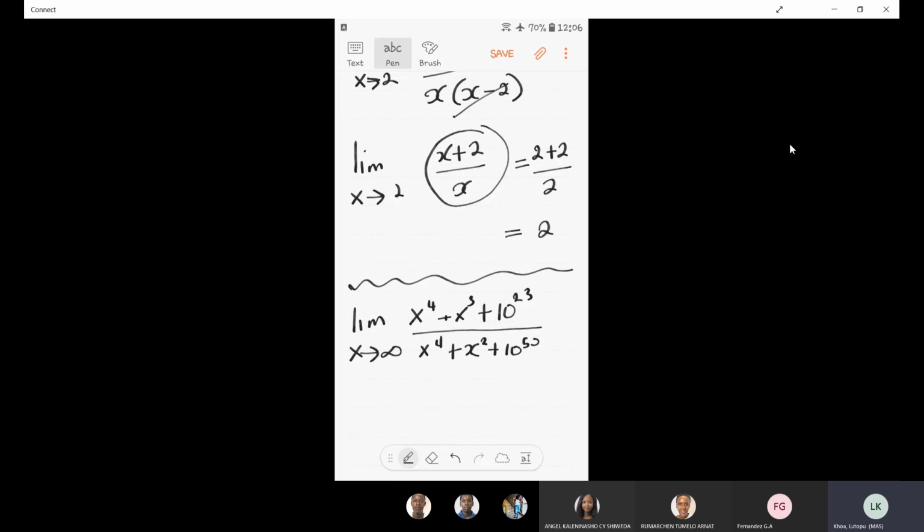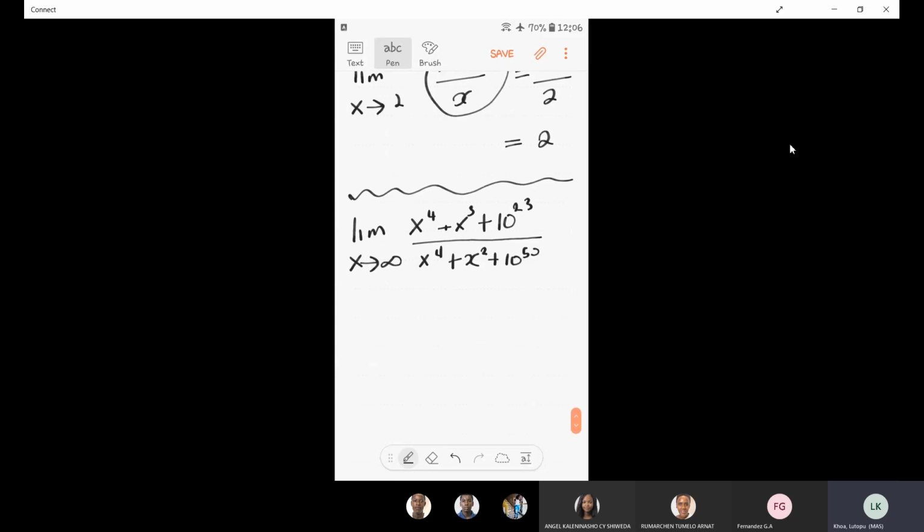So what we do here is factor out the highest power of x in the numerator and the denominator. So I have this limit as x goes to infinity, and I have x to the power of 4, 1 plus 1 over x plus 10 to the power of 23 over x to the power of 4.